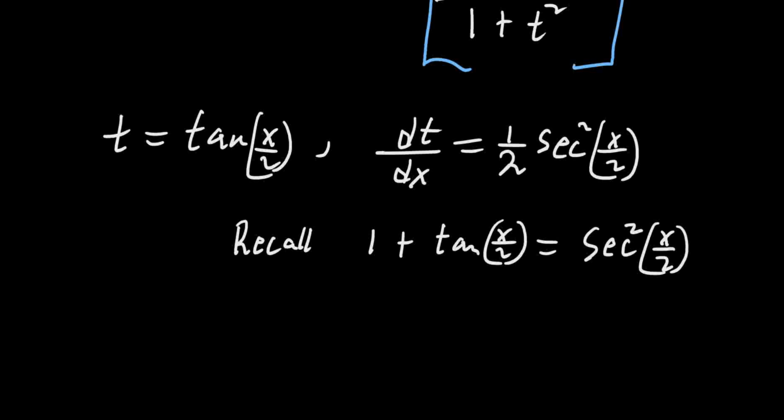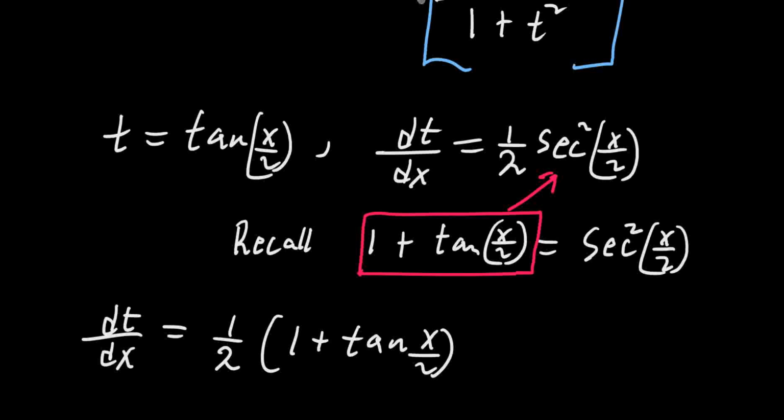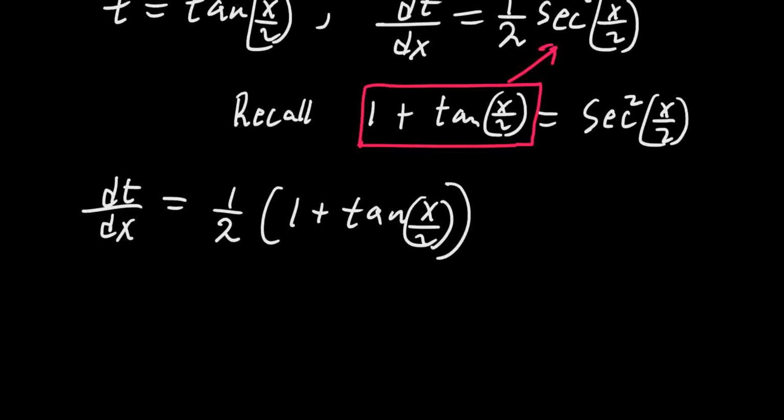So we can substitute this in the place of sec squared, and dt over dx will be equal to 1/2 times 1 plus tan squared x over 2.